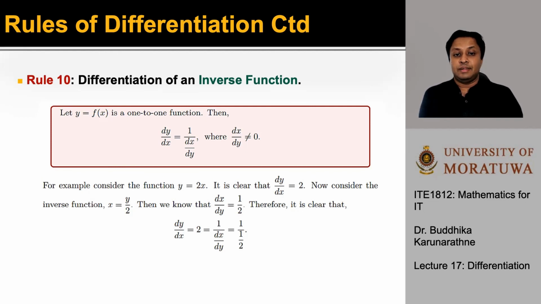Therefore, it is clear that dy over dx is equal to 2, which is equal to 1 over dx over dy. dx by dy is half, and when you take the inverse of that, 1 over dx by dy will become 2. So this is the inverse function rule when it comes to differentiation.